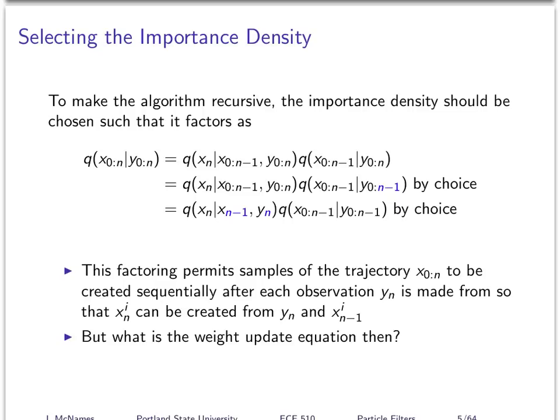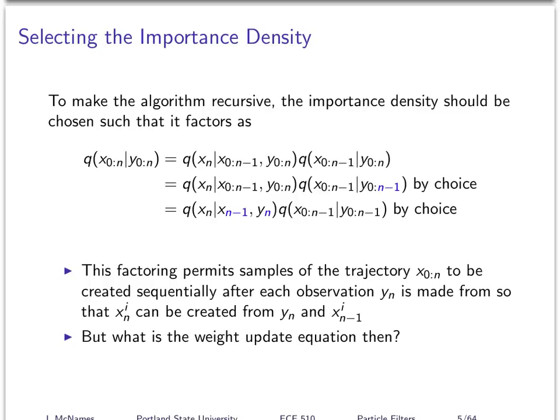Whether we condition it on the past and present values or only the past values of y is up to us. And so there's a choice made. This isn't math, this is a design decision. In order to be able to make the algorithm eventually recursive, you don't want the state that you're generating to depend on future values of the measurement. And so they change this from n to n minus 1.